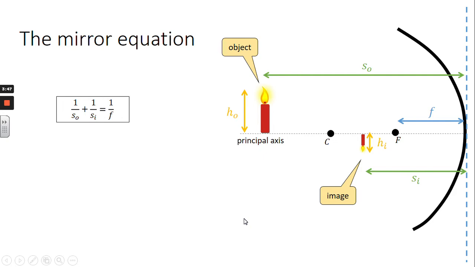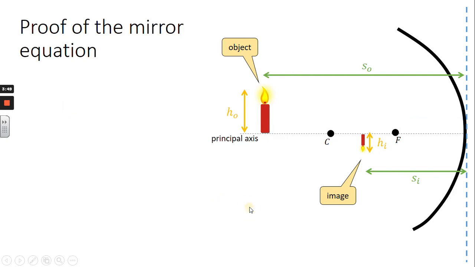Now, let's derive this equation. Where does this come from? So, math time. Oh, I don't have my focal length labeled here. That's okay. I think the diagram gets cluttered in a bit. Let's label some other things. I want to draw in this fictional triangle. Our proof of the mirror equation is going to come from geometry and similar triangles. And I want to label this distance from the object to the center of the circle with an x subscript o.